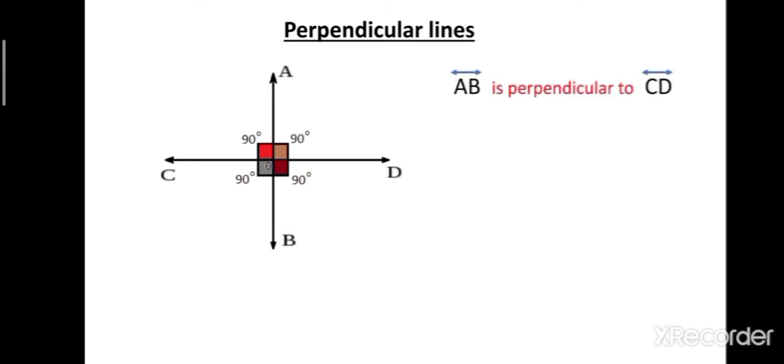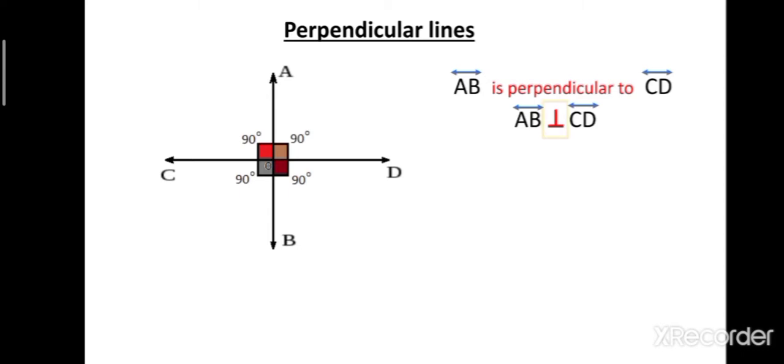Perpendicular lines. Perpendicular lines are two lines or segments that intersect with each other at a 90-degree angle. Here we have AB straight line and CD straight line. We can say that AB straight line is perpendicular to CD straight line. Or we can write it in another way.